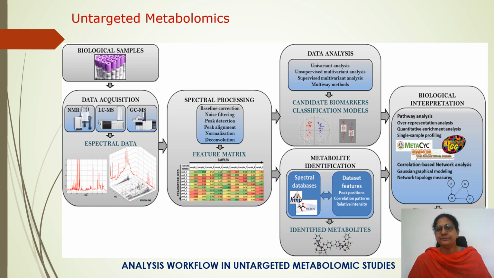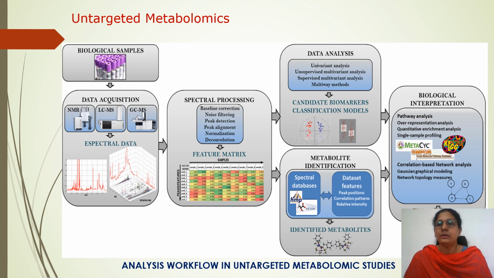And finally, altogether, in combination of these two, data analysis and metabolite identification. In data analysis, biomarkers can be identified. In metabolite identification, structural elucidations are possible. Overall, biological interpretation, nothing but pathway analysis.